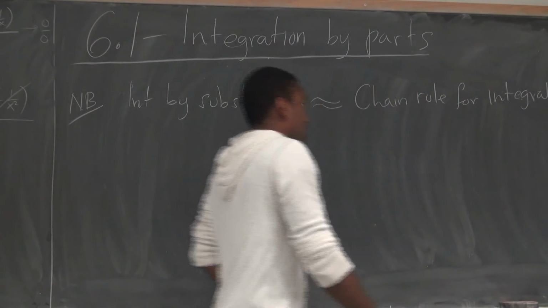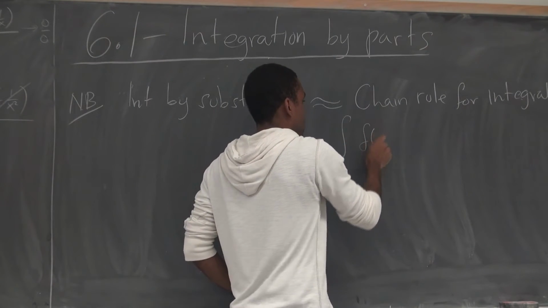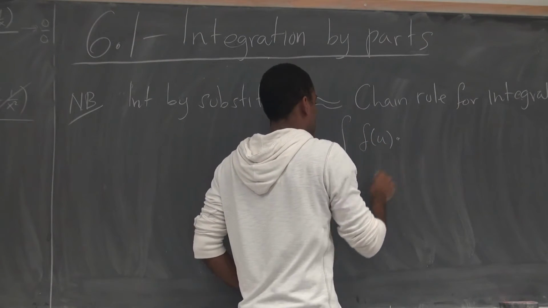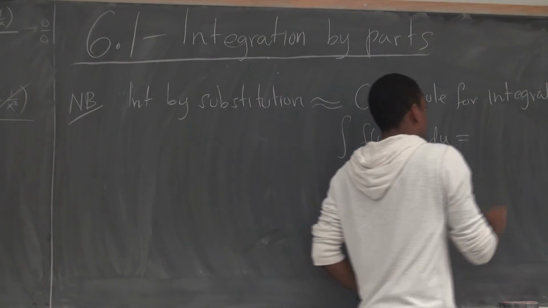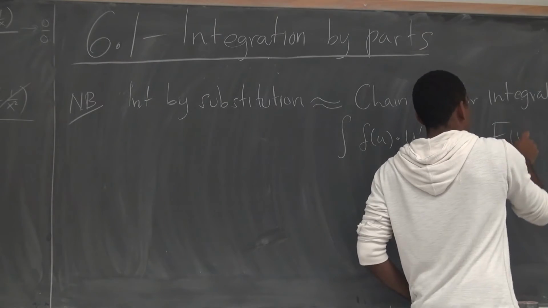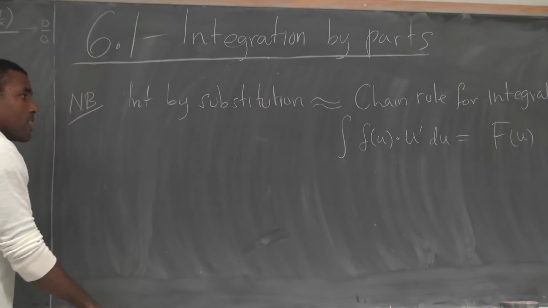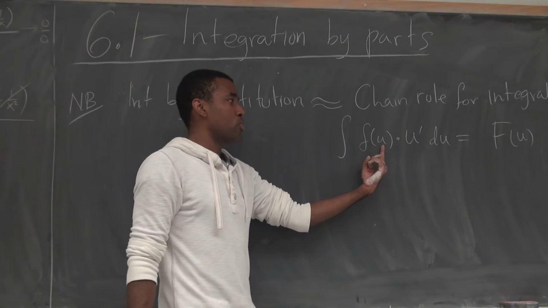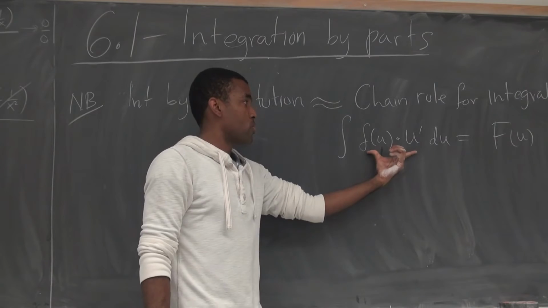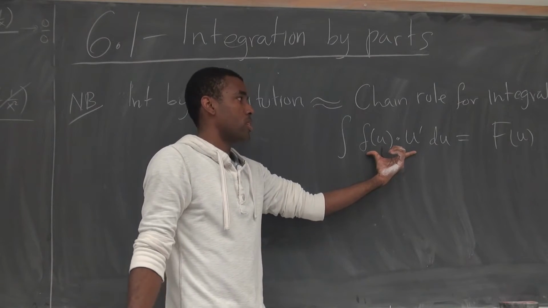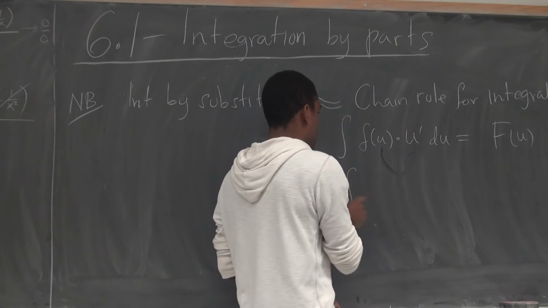Basically, integration by substitution says if I integrate something like f of u times u prime du, the result is going to be big F of u, where the idea is you substitute some inside function, the derivative must be on the outside.